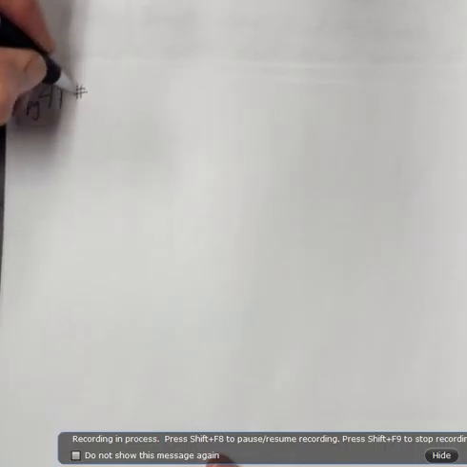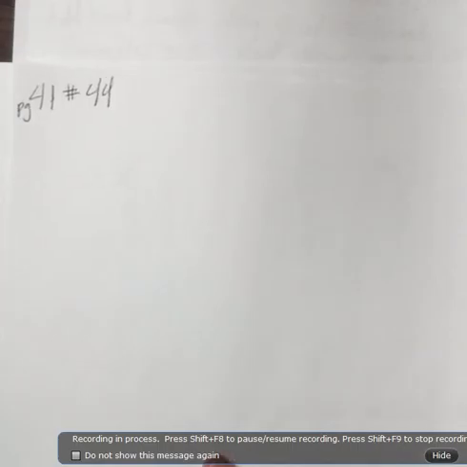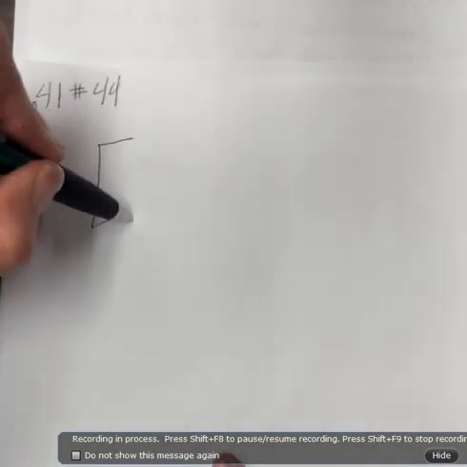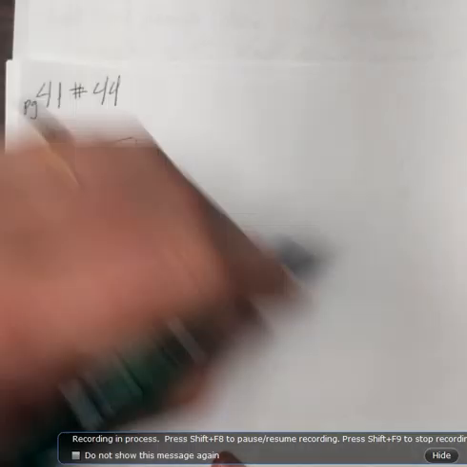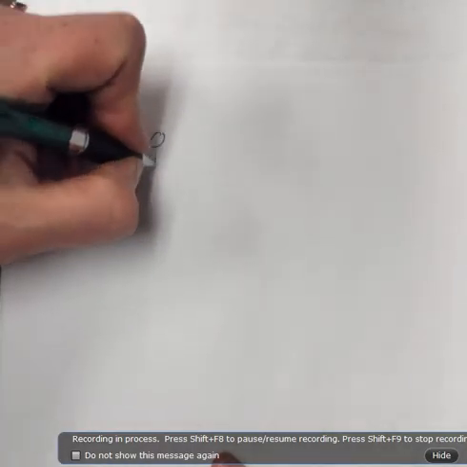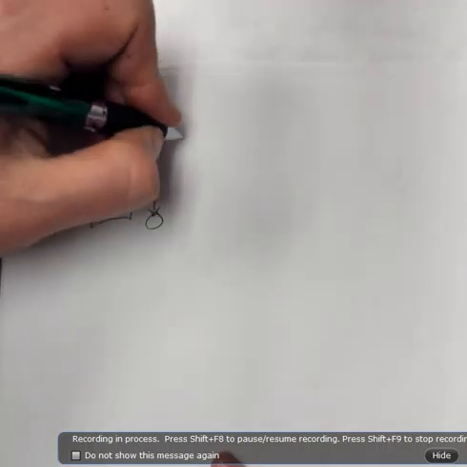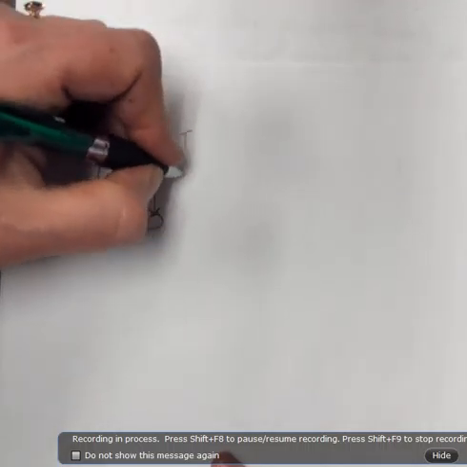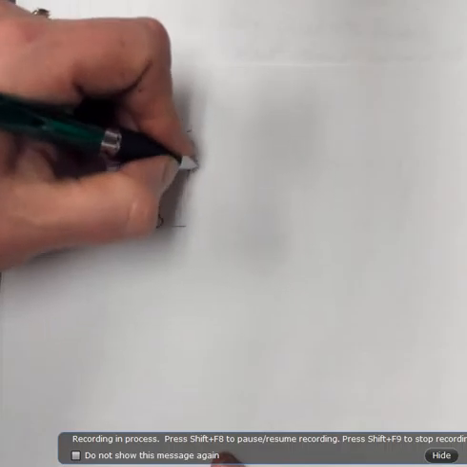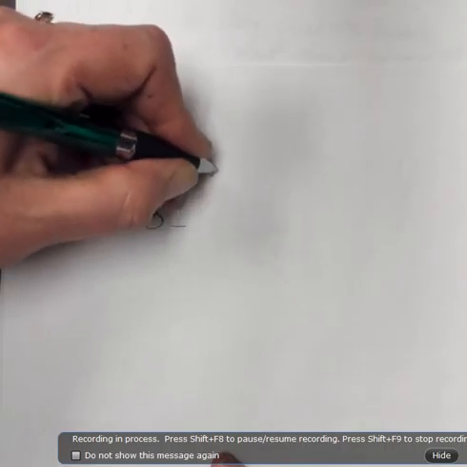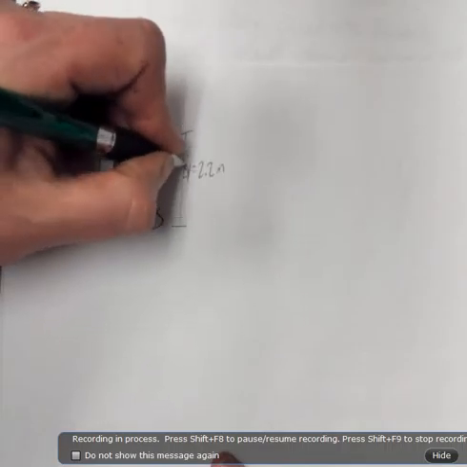Number 44. It tells us that a falling stone takes 0.28 seconds to travel past a window that is 2.2 meters tall. So let's sketch it out. You've got a stone that falls, and we know that the distance there is 2.2 meters, and that's actually your delta y right there.